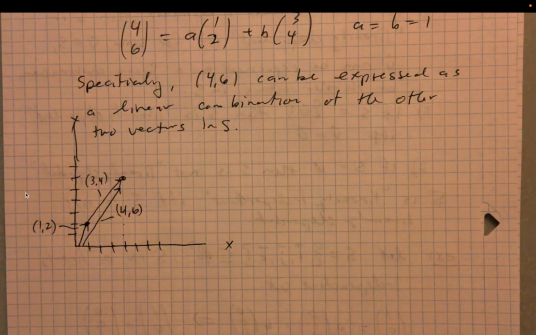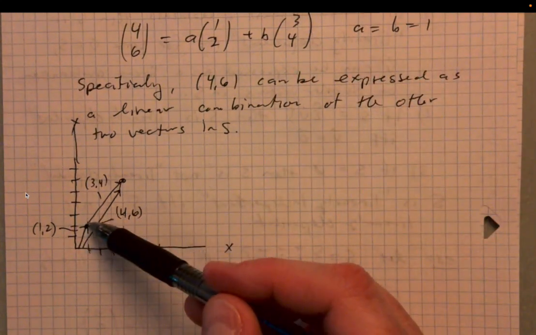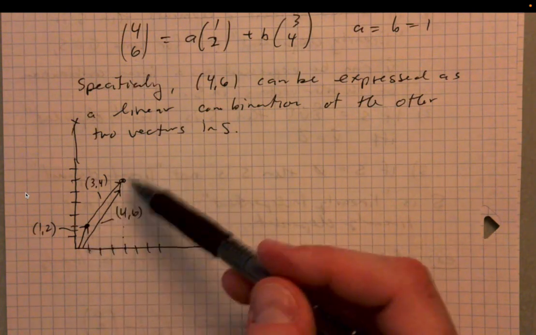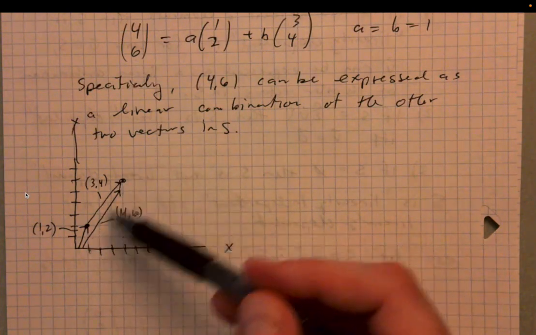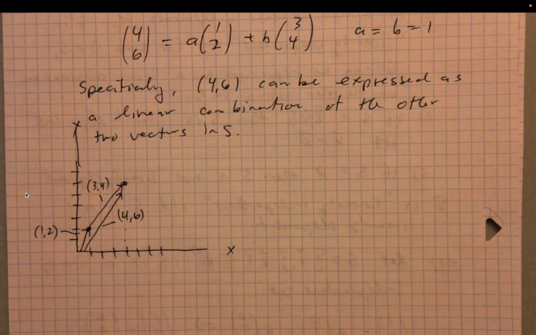Now, if our coefficients had been other than A = B = 1, all that means is that some of these vectors are being stretched or shrunk. And so we can get to (4, 6) using the other two vectors. That's geometrically what happens when you have a set that's linearly dependent.